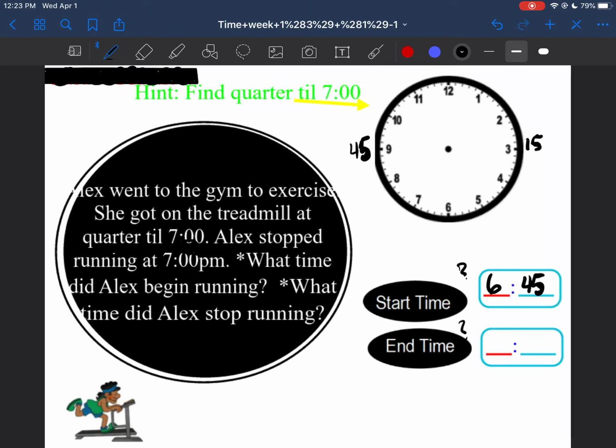So it's 15 minutes before 7 o'clock. So what is the hour before 7? 6. And then quarter till, 45. What is our end time? What time did Alex stop running? She stopped running at 7 p.m. So we know the start time and the end time.